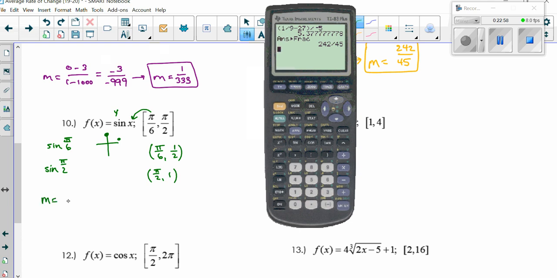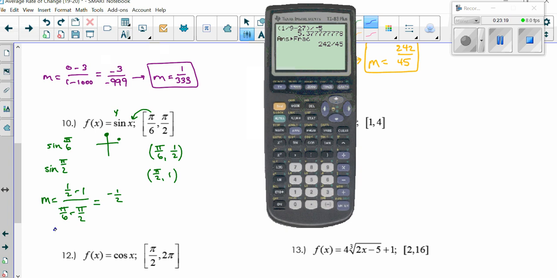So I'm going to say m equals 1/2 minus 1 over pi over 6 minus pi over 2. Okay, and this one we're going to have to do some work with the pi's. So 1/2 minus 1 is negative 1/2. I have to get a common denominator here.